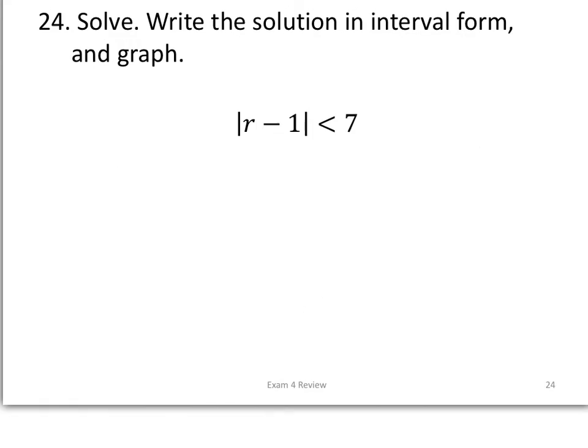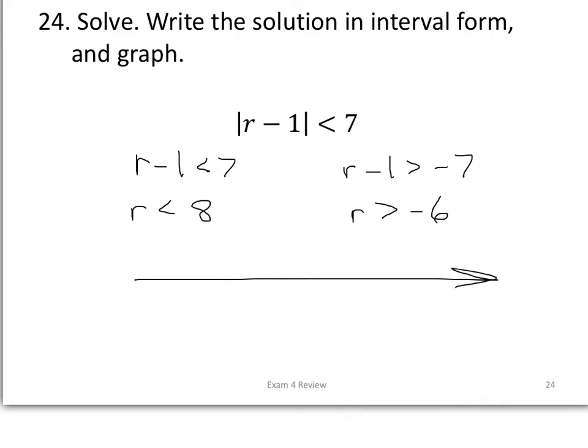Here's another interval where we have an absolute value that's less than a certain amount. So again, we're going to have a contained or bounded interval. So we have r minus 1 is less than 7, or r minus 1 is greater than negative 7. Adding 1, we have r is less than 8, or r is greater than negative 6.